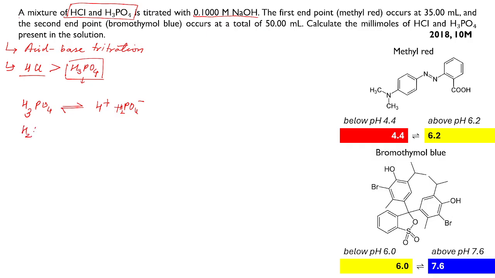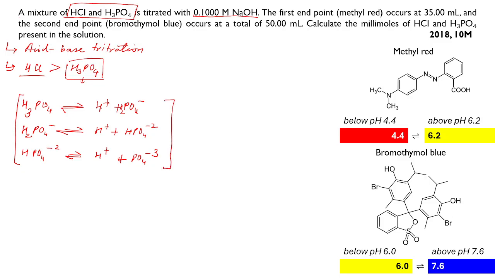Then this H₂PO₄⁻ is going to give another proton, H⁺ plus HPO₄²⁻, and again this is going to dissociate to give H⁺ plus PO₄³⁻. So this is how it's going to dissociate, and in each dissociation stage it is going to show a different pH. Remember, different pH, and this is the basic part of this question.